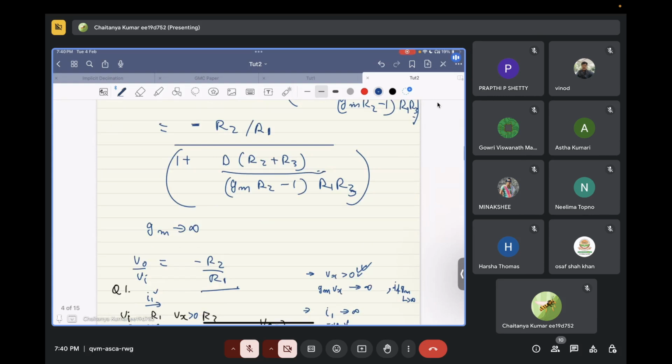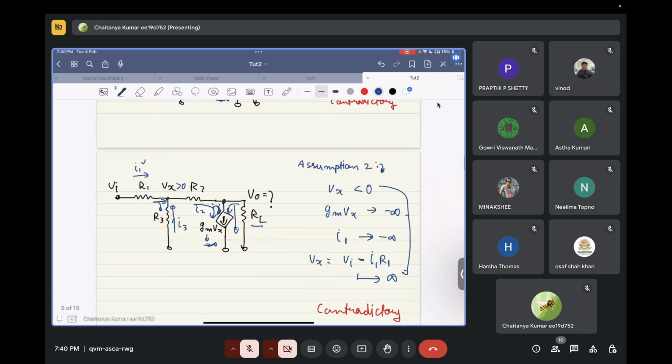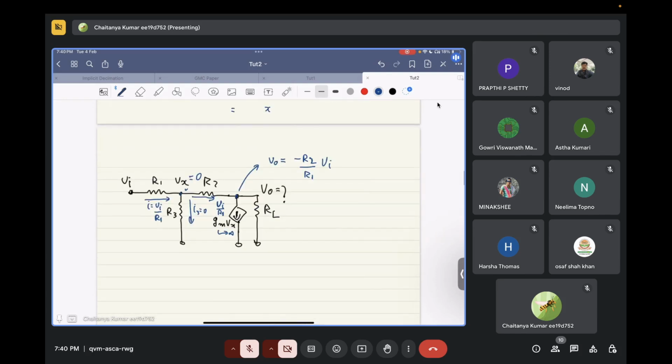If Gm was tending to infinity, V0 by Vi was tending to minus R2 by R1. And with the assumption of Vx equal to 0, we can also find the same thing, V0 is equal to minus R2 by R1 times Vi. Is this clear?